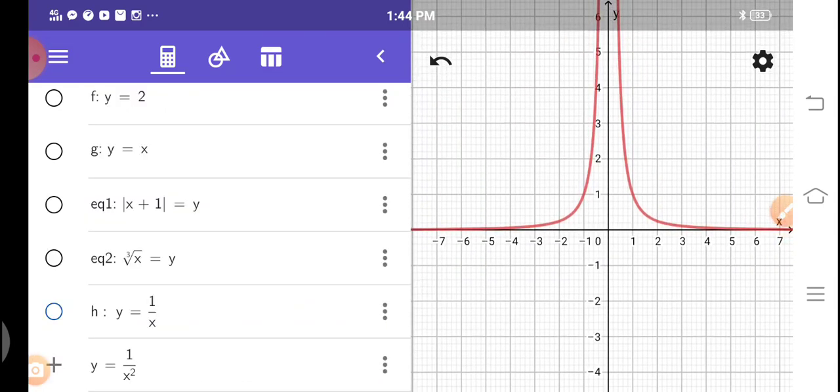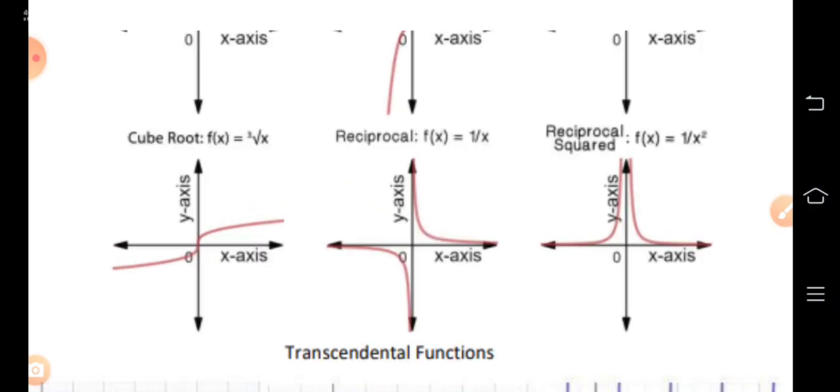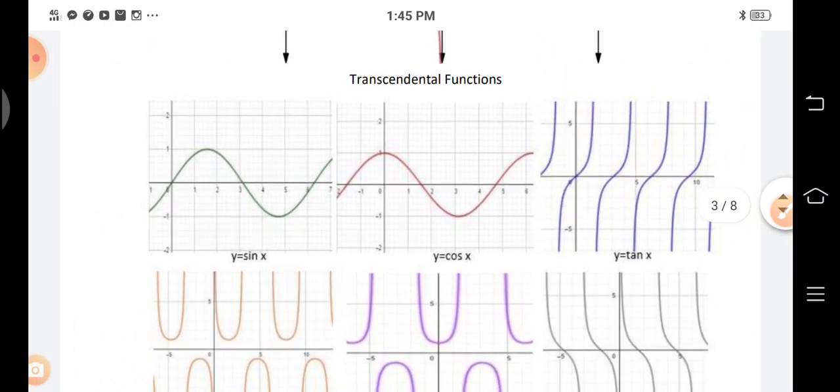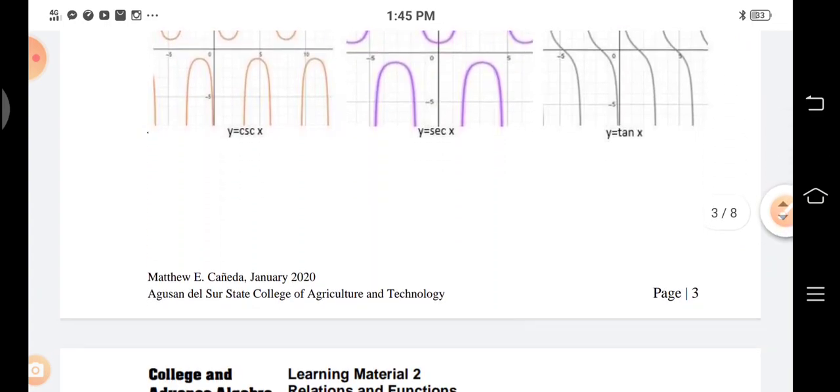So this is the graph of 1 over x squared. Okay, some other functions like the transcendental functions. Y is equal to sine x, y is equal to cosine x. You can give a try using your GeoGebra.